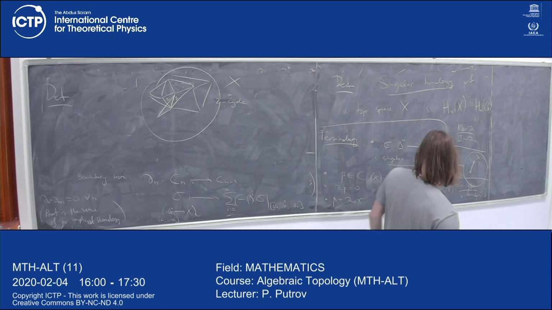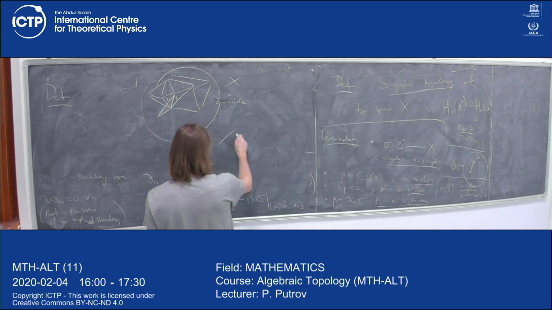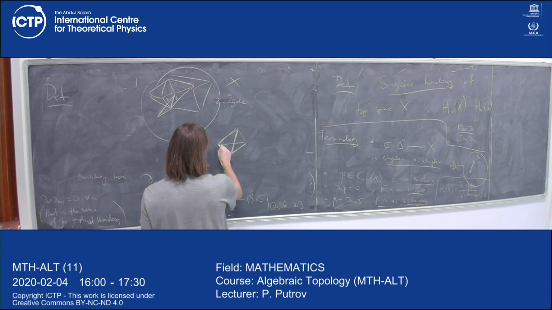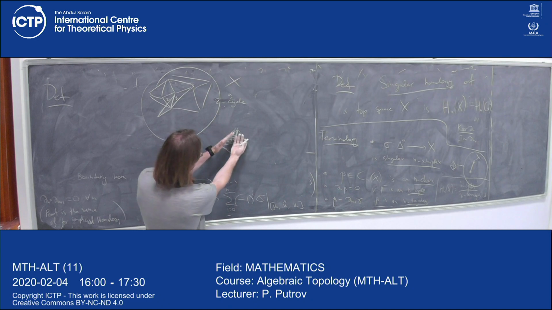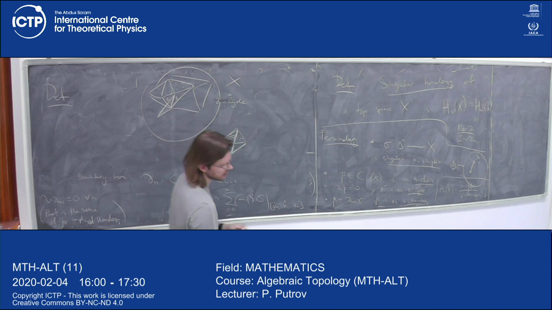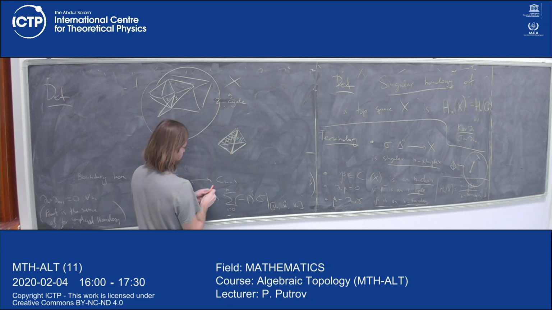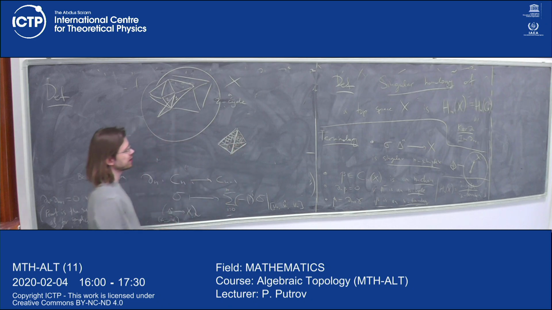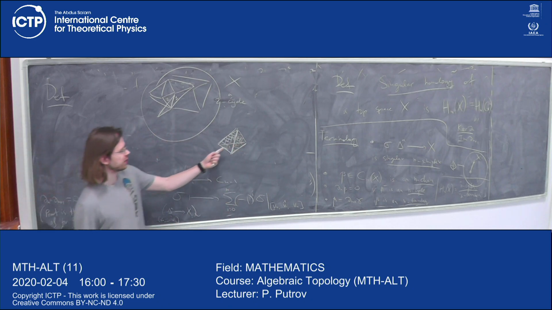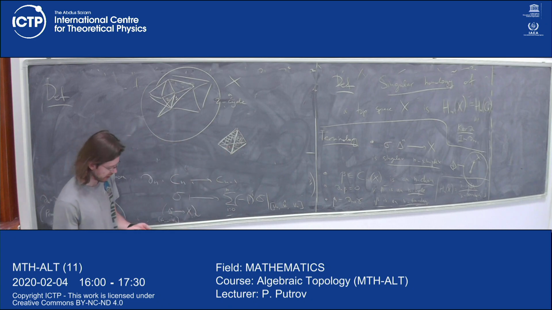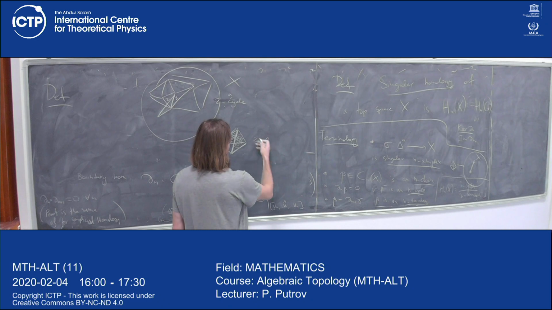The quotient over n boundaries means that, for example, if you have pairs of faces like this in your chain, you can replace these blue faces by the pair of orange faces, right? Because the difference would be a boundary of this three chain. So it's a two boundary.